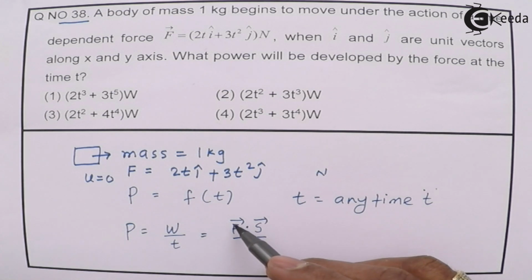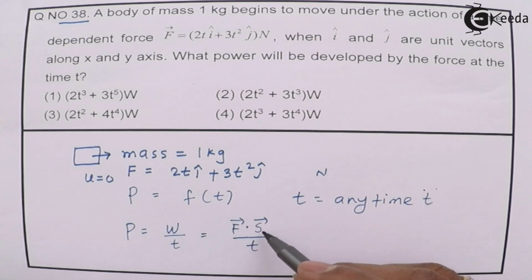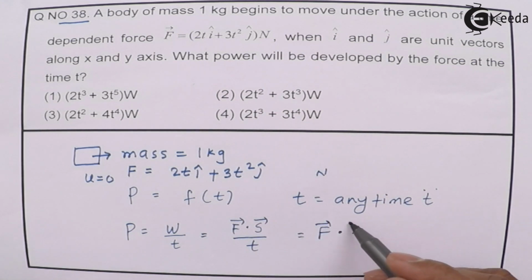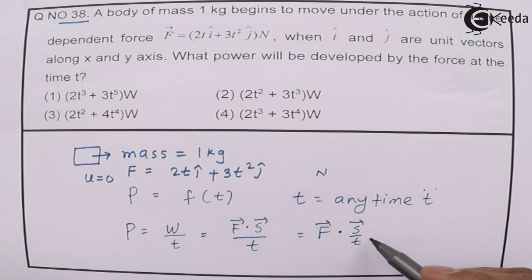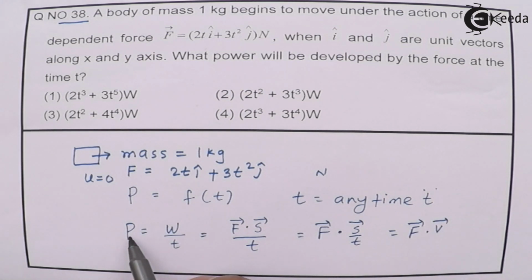If I associate it with f, it will not have any meaning, so I will associate it with displacement. That will become f dot s over t. This is basically the velocity vector. So this will become f dot v. So instantaneous power is basically the dot product of the force and the velocity vector.